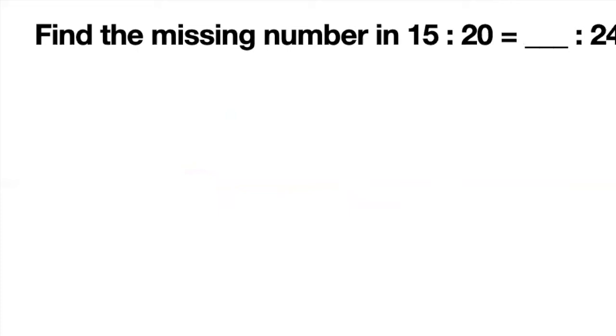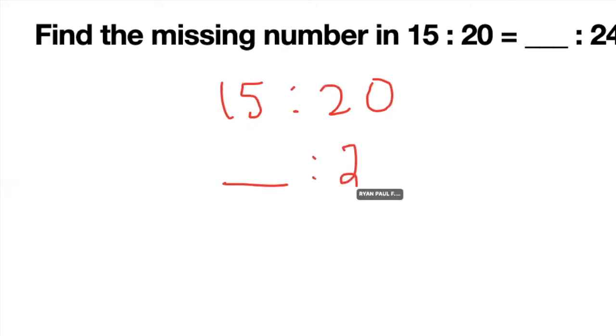The next one is still on finding the missing number in an equation. If we have 15 is to 20, and that is equivalent to blank is to 24, what is the missing number in the second ratio? You'll notice that it would be hard for us to find a number that we can multiply to 20 to get 24.